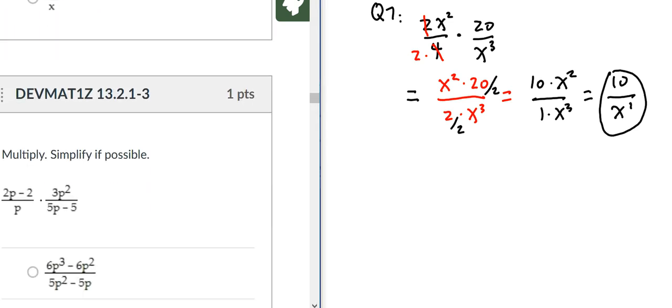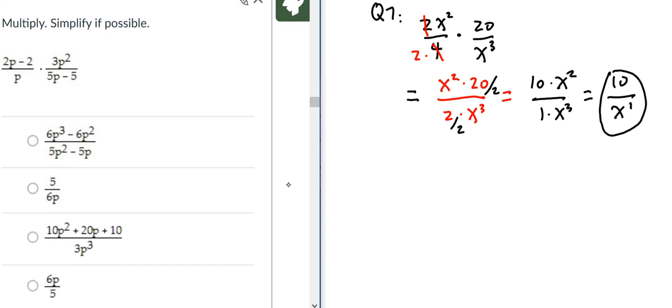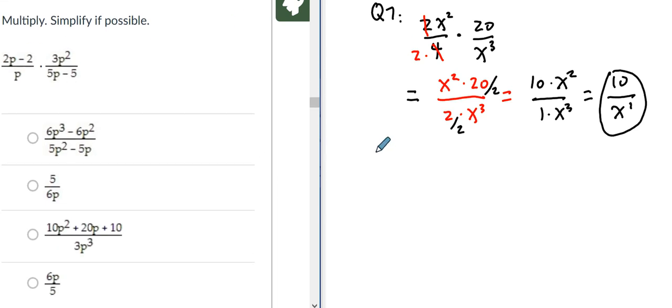Now, let's look at question 8. Question 8, we want to multiply, simplify if it's possible. Okay, we have a 2p minus 2 over p.